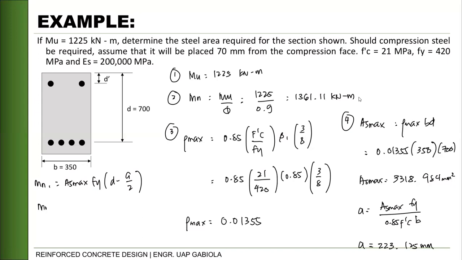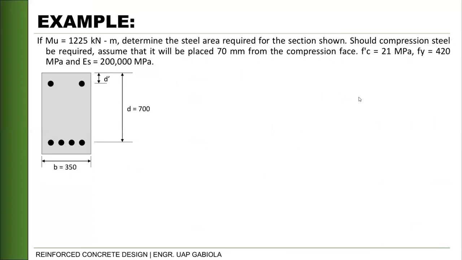That is Mn1 is equals to 820.266 kilonewton meter. And ano yung value natin? That is less than our Mn. So therefore, doubly reinforced section tayo o beam. Meron tayong statement na siya ay doubly reinforced.